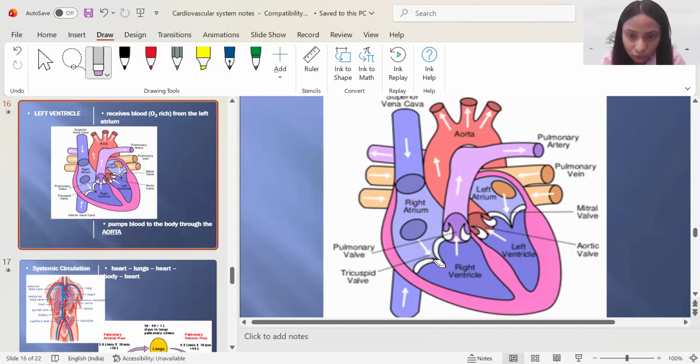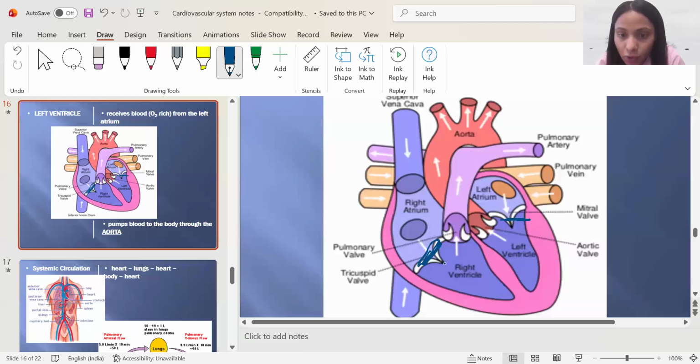But imagine this. When your right and left ventricles are contracting, at that time, if you don't close this door, what will happen? The blood will backflow to the atrium. This is what we don't want. We don't want the backflow of blood from your right ventricle to your right atrium.